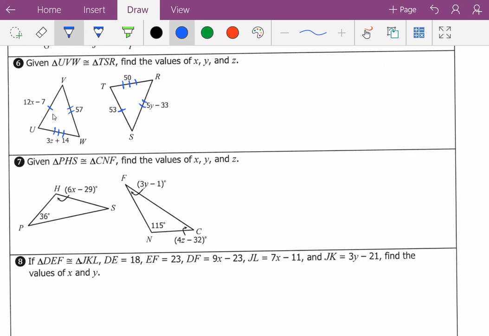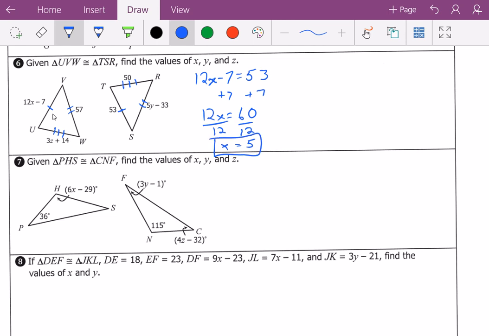First thing for X, that's 12X minus 7. And that side matches with 53. So we're going to set that equal to 53. Add 7 to both sides. And now we get 12X equals 60. Divide by 12. And X equals 5.